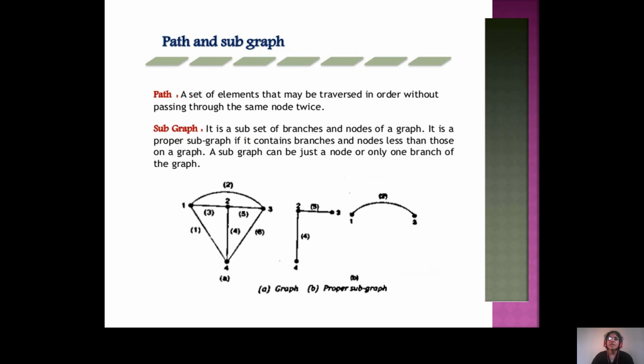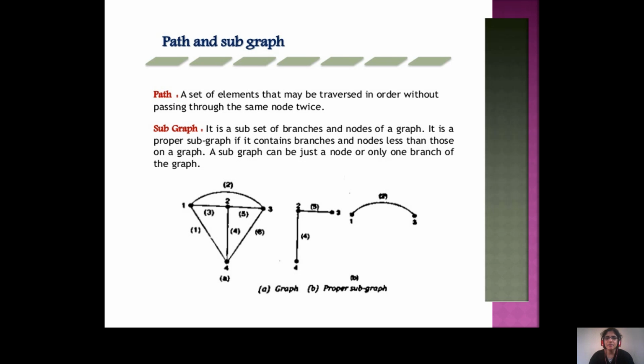What is a path and what is a subgraph? A path means a set of elements that may be traversed in order without passing through the same node. So the elements must be traversed without passing the same node, then it is called a path.